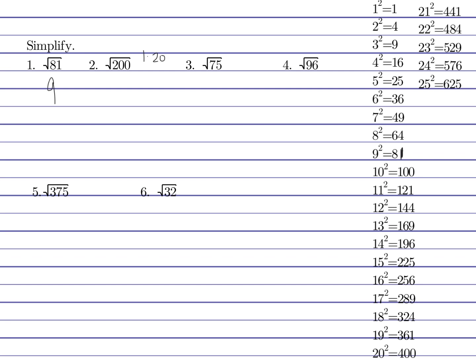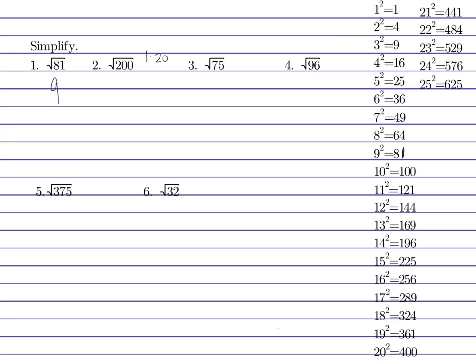1 times 200. 2 times 100. 3 does not go, 4 does. 4 times 50. 5 will. 5 times 40. 6 will not. 7 will not. 8 will. 8 times, what is that?